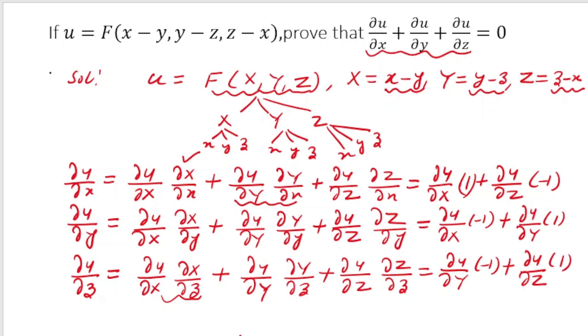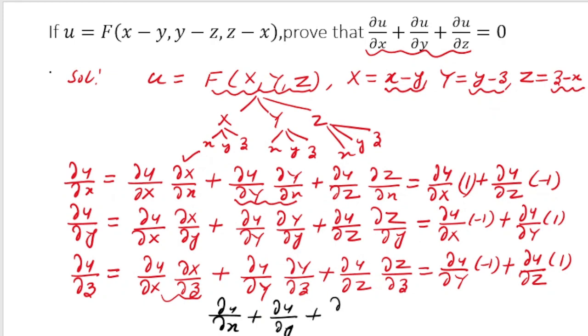On the left hand side, we have to add. So adding, I will get del u by del x plus del u by del y plus del u by del z.